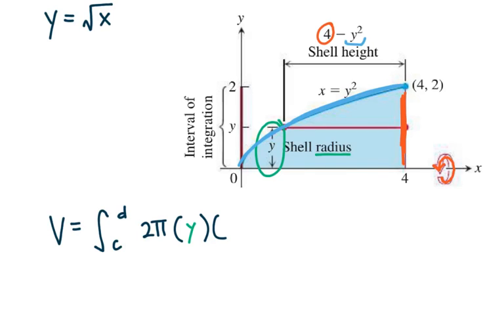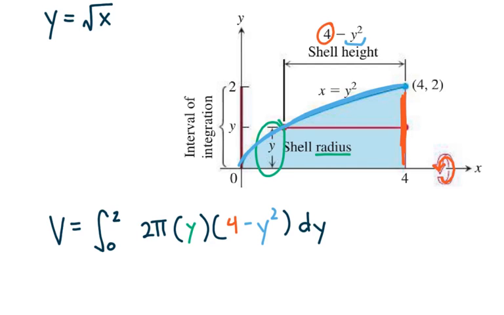And the shell height is going to be 4 take away y squared, integrating with respect to y. And my c and d values, my lower and upper limits, are going to be 0 to 2. Because I'm dealing with y, I am choosing that 0 and 2, my bounds of integration, on the y-axis as opposed to on the x-axis.